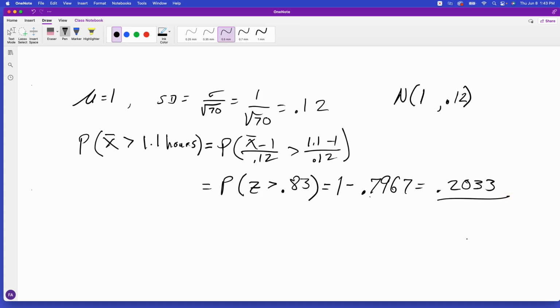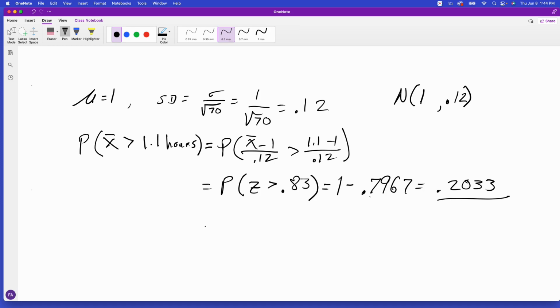So 20% of the time, or a likelihood of 0.2, or 1/5, the maintenance work is going to take more than 1.1 hours. Is there a chance that you're going to need more time? Yes, there's a 20% chance that they are going to need more time than that, meaning that the repair work needed is not going to be done in the time allowed.